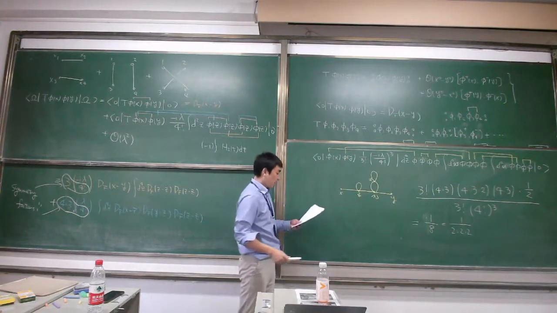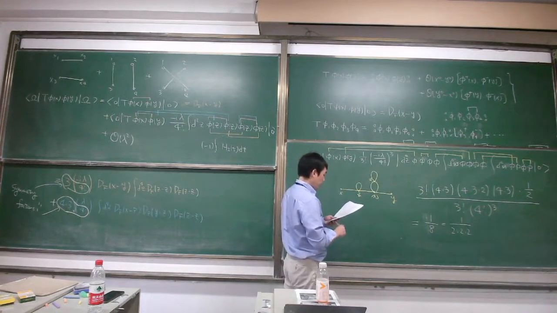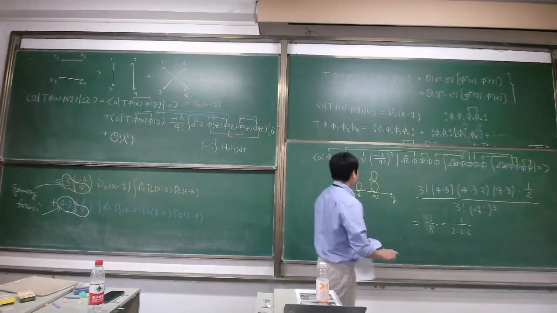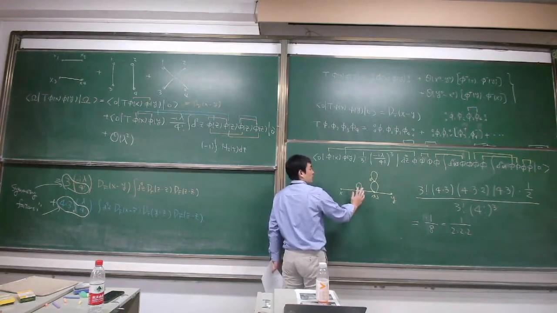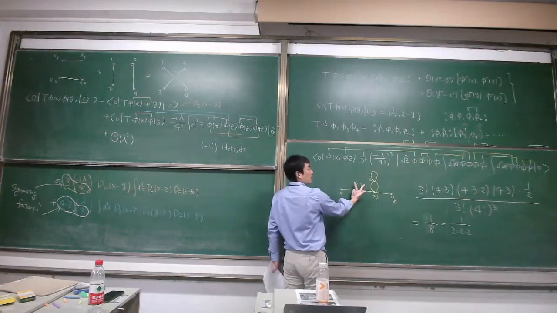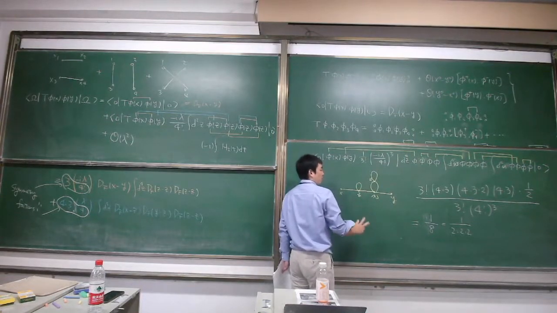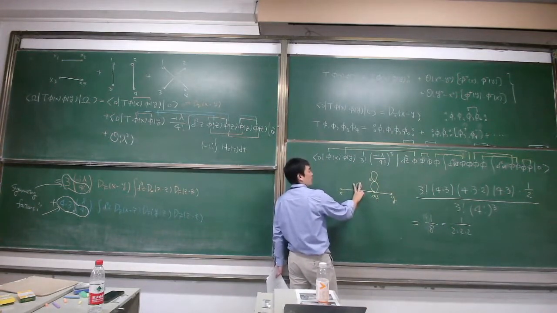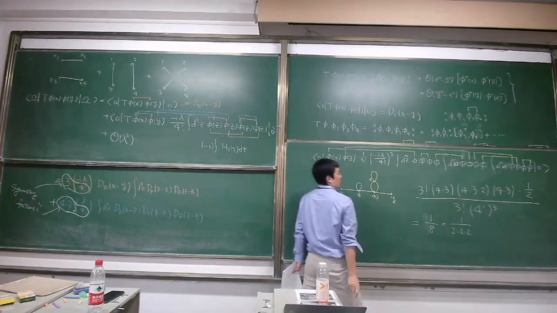And this factor can be understood as some symmetry, that this root can be swapped this way. It will give you the same diagram. So therefore, these first two come from some symmetry of this diagram that swaps this root.